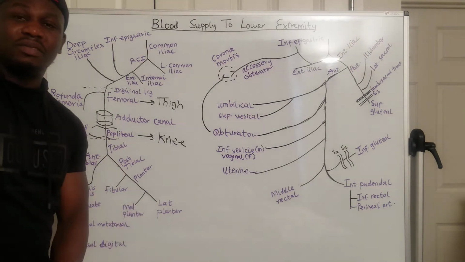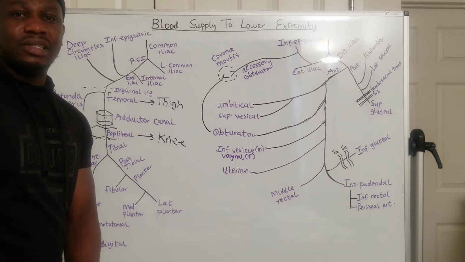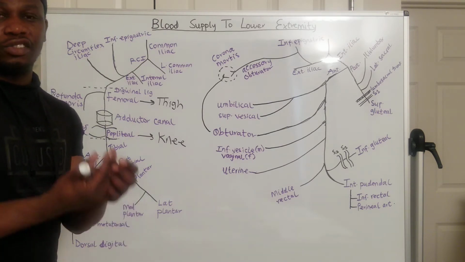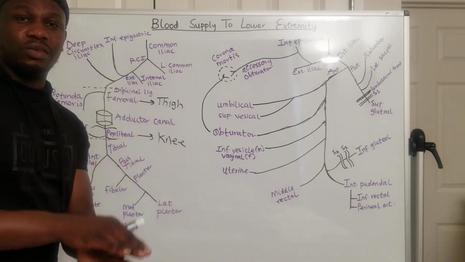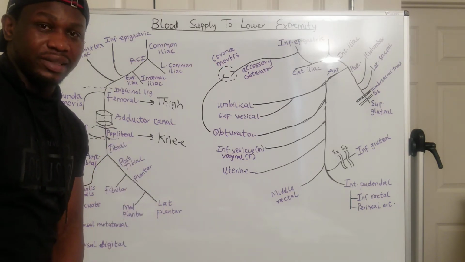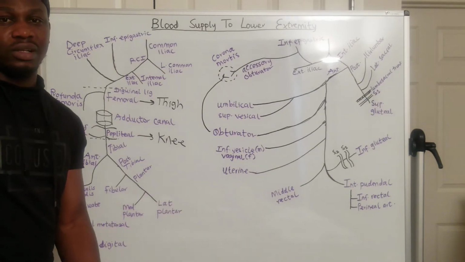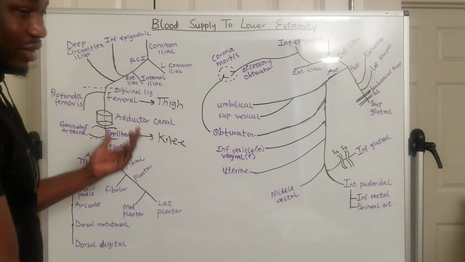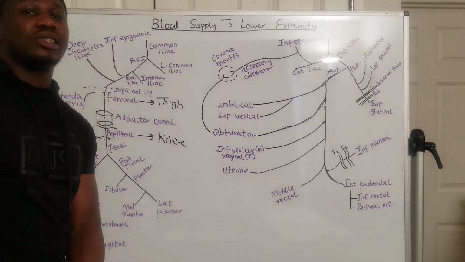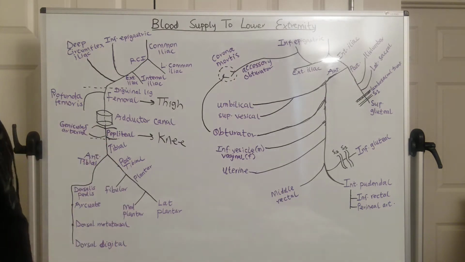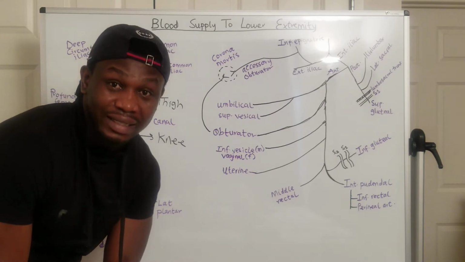In the thigh, we have the adductor canal, also known as the subsartorial canal, which is a space found below the sartorius. The sartorius is one of the muscles found in the anterior thigh region. When we go through the muscles of the anterior thigh, we'll talk about the sartorius and the adductor canal. When the femoral artery crosses the adductor canal, it becomes the popliteal artery, in the knee region.